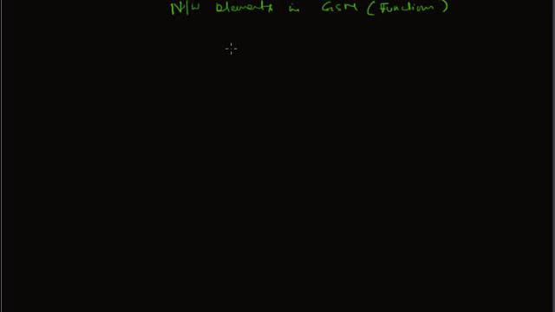Let's draw a small GSM network, and then we'll illustrate. We'll go through each one by one. Very quickly we're going to draw this simple GSM network. This is the BTS.